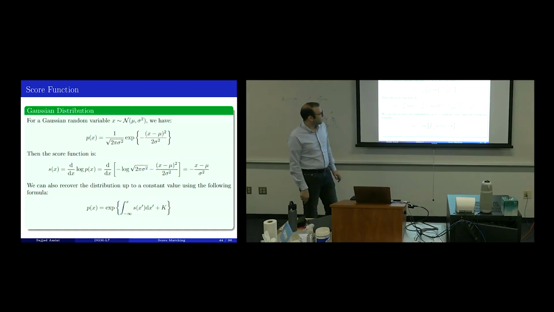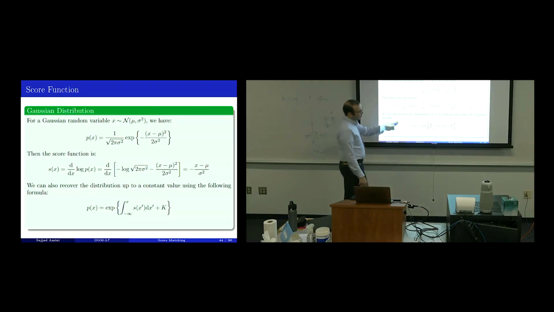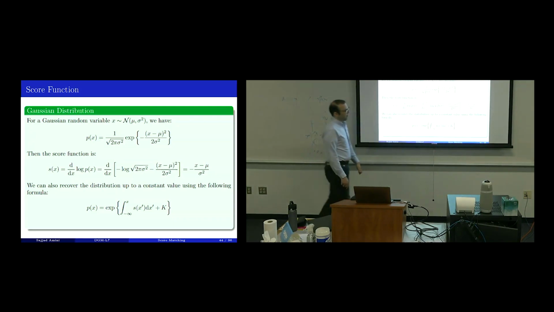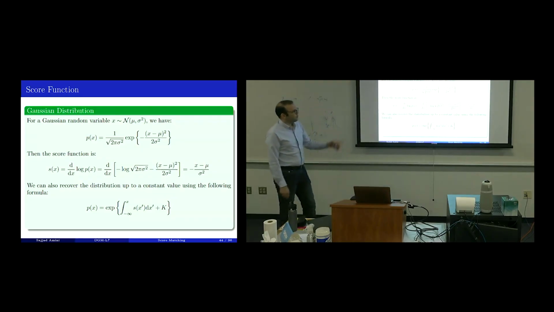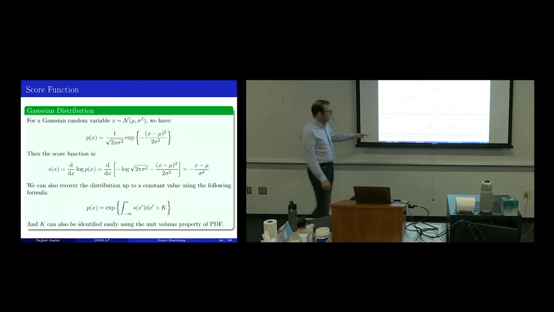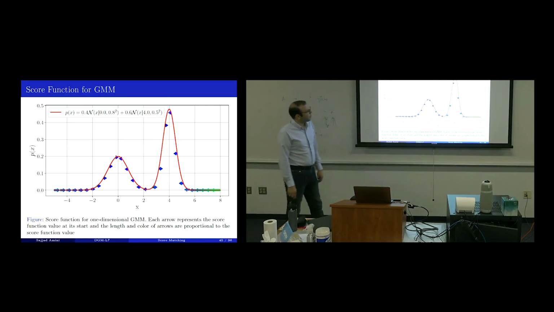You can also recover your distribution using the score function. And in this case, you do not have any missing information because k can be calculated easily due to the fact that P of x is normalized. Okay, k can be identified.